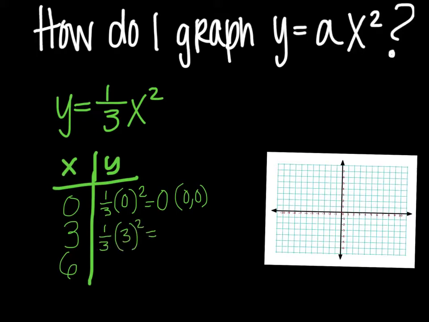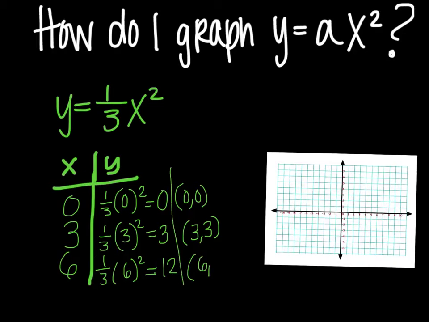So 3 squared comes first, and then times 1/3, I get 3. And so my coordinate is going to be 3, 3. And then 1/3 times 6 squared. So 36 times 1/3 will be 12. So the coordinate there is going to be 6, 12.